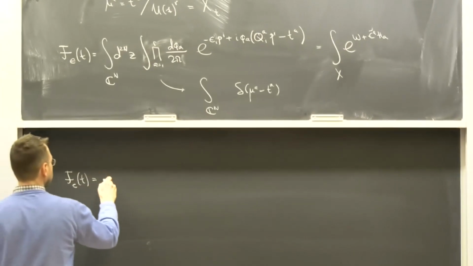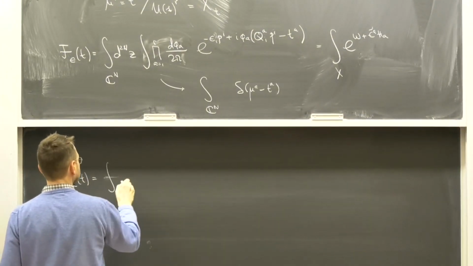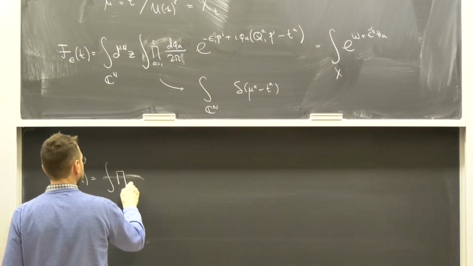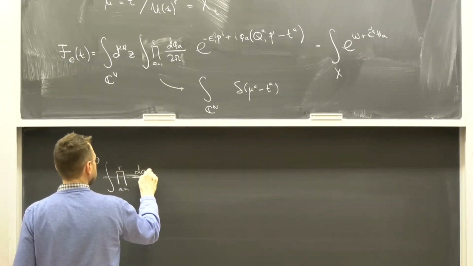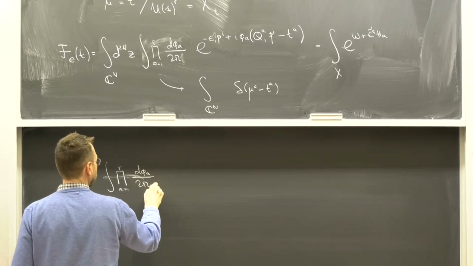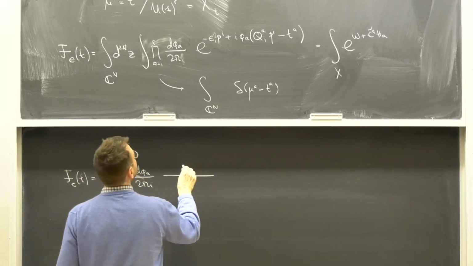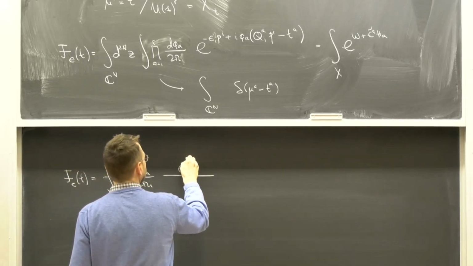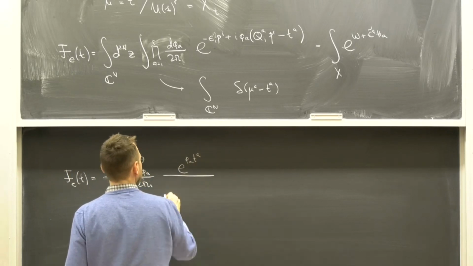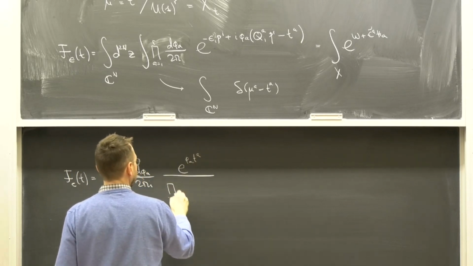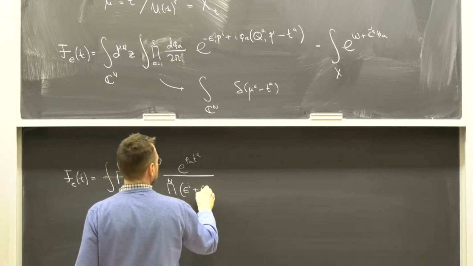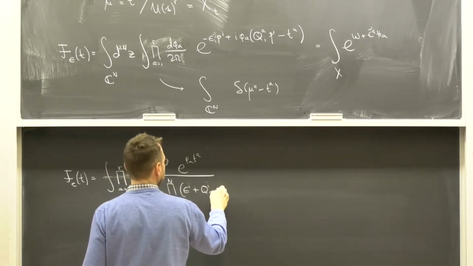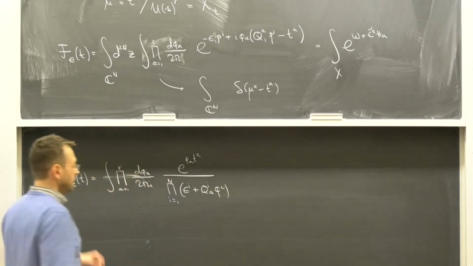My integral will be f of t, the product over a from 1 to r, d phi a over 2 pi I. And above there, I will get e phi a t a. And then here I will get the product over I from 1 to n of epsilon I plus q I a phi a.